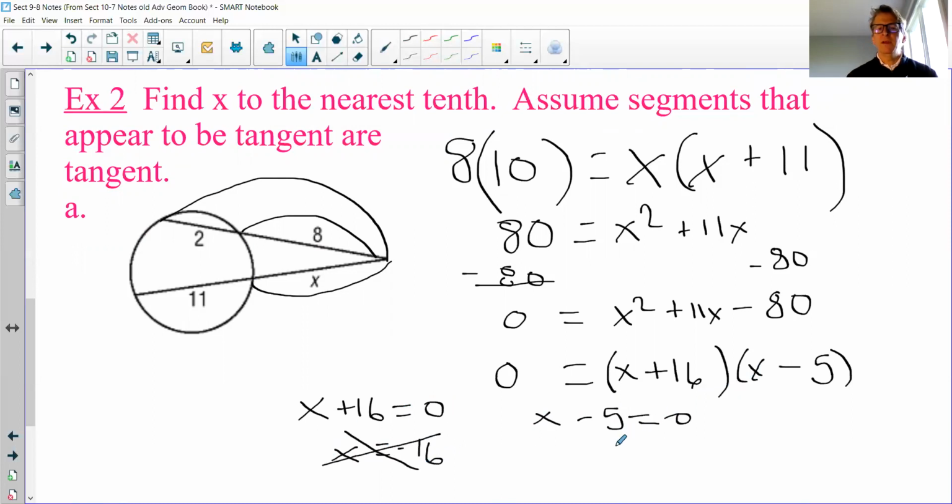But this one makes sense. x is equal to 5. And that's your answer. x is 5. Now, when you refresh your memory on factoring, some of the combinations of 80 and 16 and 5 should stand out. Okay, let's move on to example 2B.